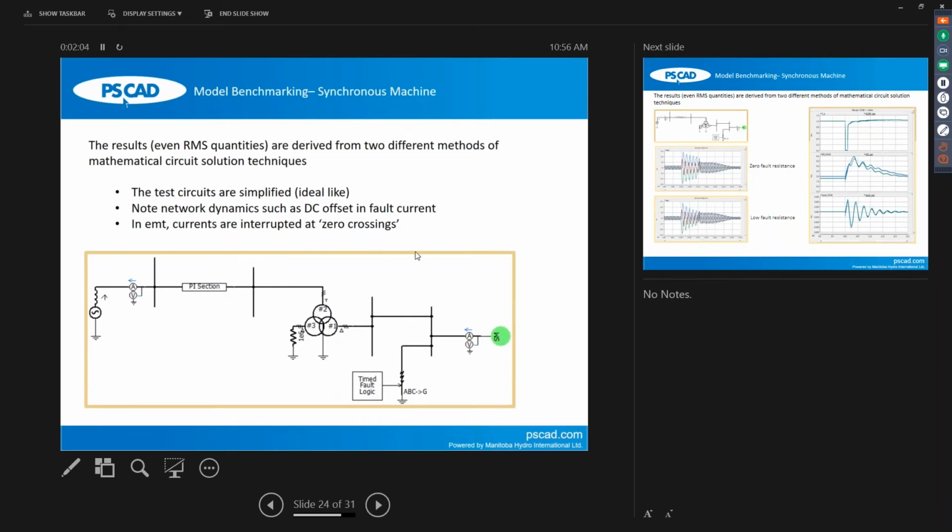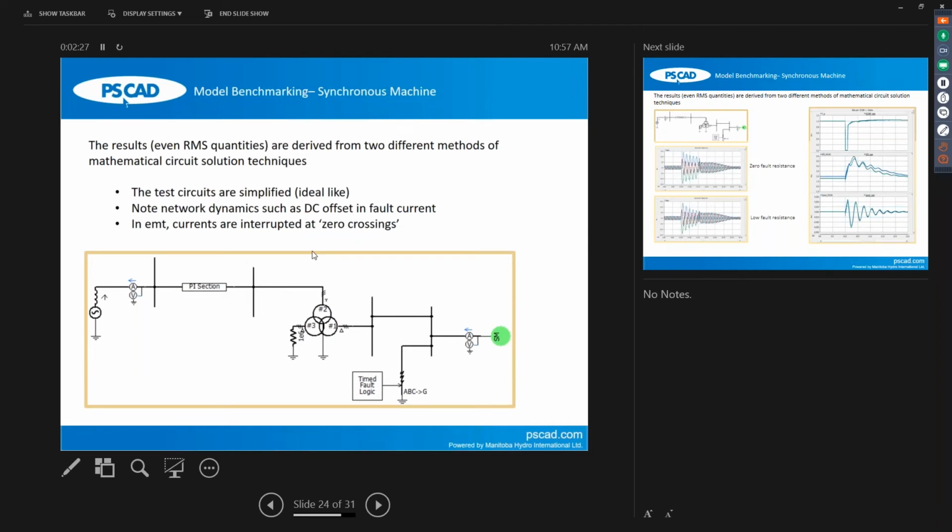Then also remember, in PSCAD or EMT, network dynamics get into the picture. For example, the offsets in currents show up in PSCAD, whereas network dynamics don't show up in RMS type programs. Because of that, you may have differences, right?